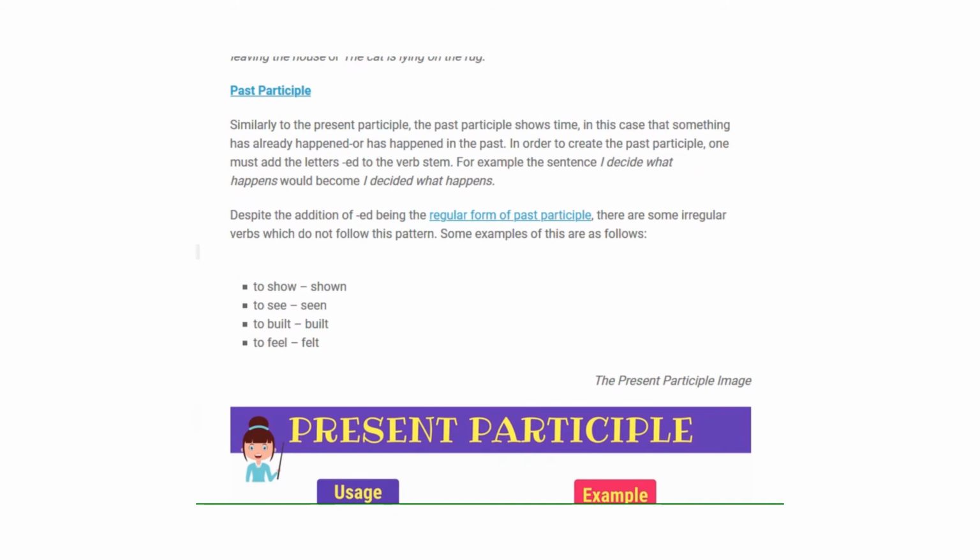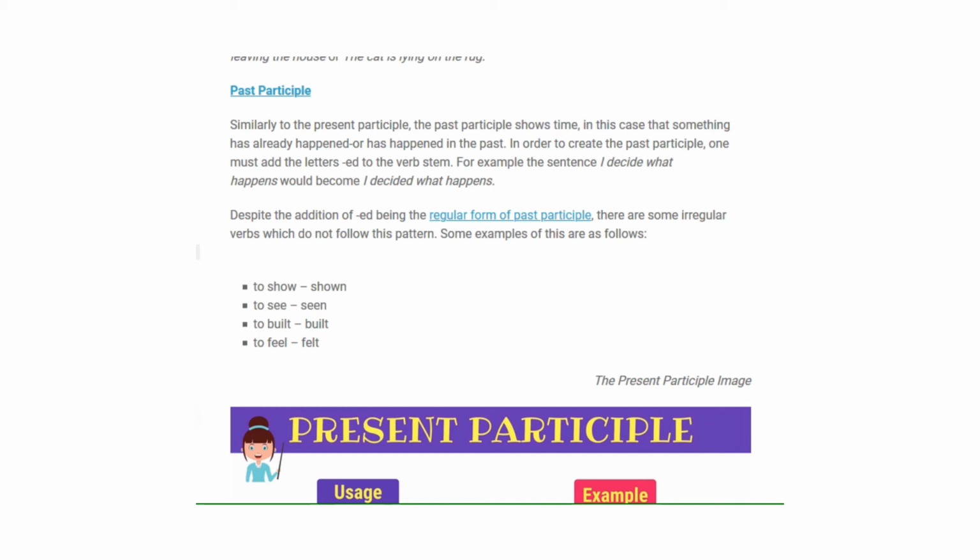Similarly to the present participle, the past participle shows time. In this case, that something has already happened or has happened in the past. In order to create the past participle, one must add the letters ed to the verb stem. For example, the sentence, I decide what happens, would become, I decided what happens.